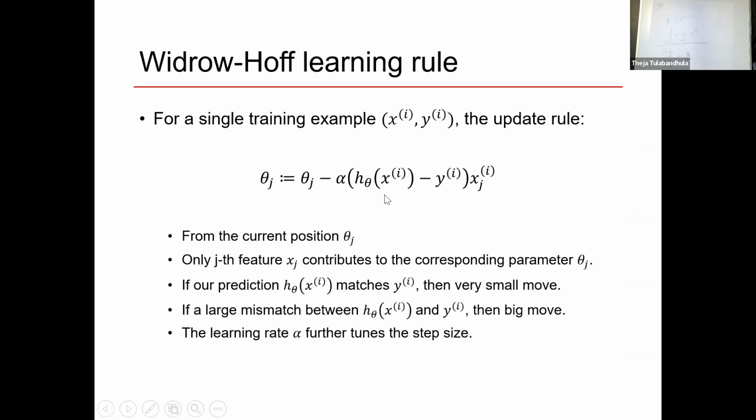This whole thing is the gradient of the loss, and then there's the alpha, which is the learning rate. If you focus on one example in your training data and update theta j, that's a learning rule or an update rule. Learning rule or update rule is just a word used to describe this update equation, going from the old theta j value to a new theta j value. You do this for all the coordinates.